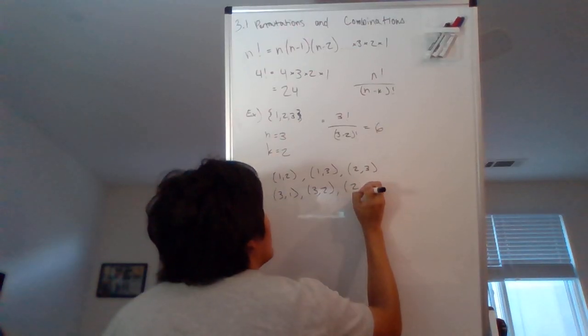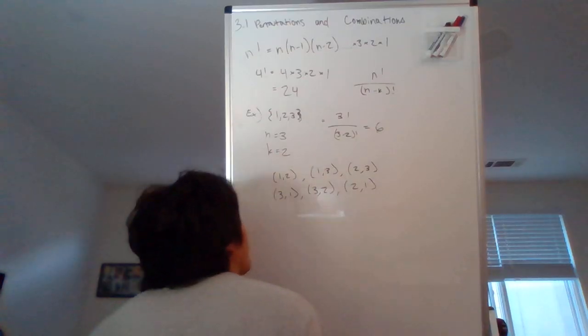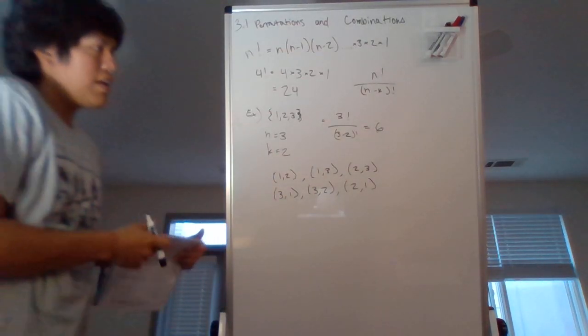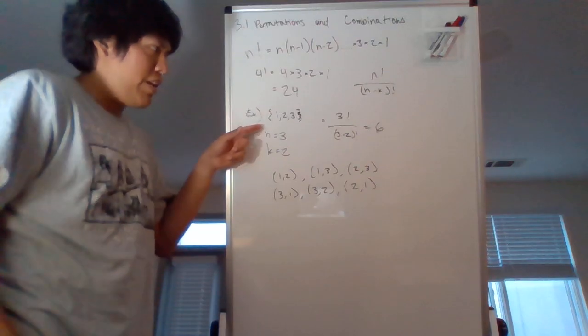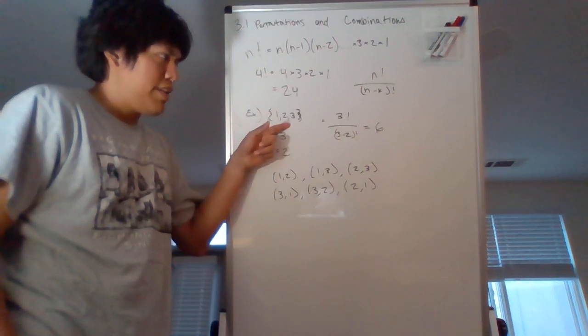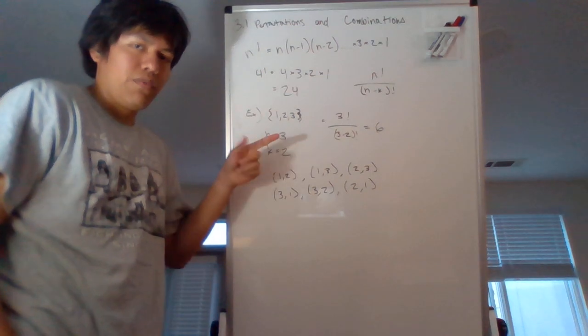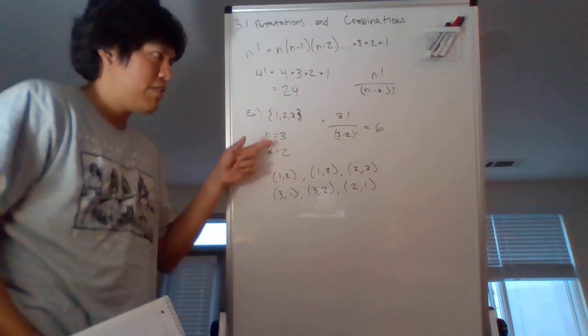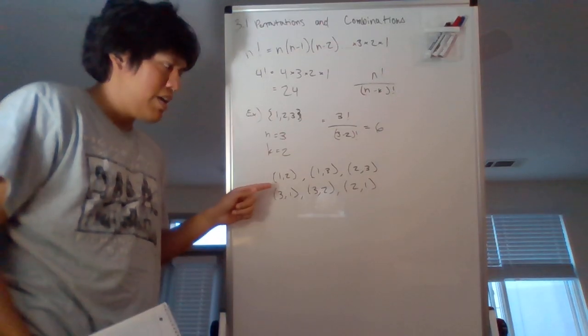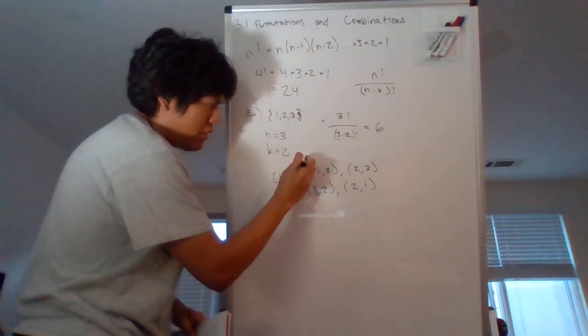That's right. This is what we're talking about here. We have a total set of 3, and we're trying to see how many possible 2 subsets we can make from 3 elements, which is all of these right here.